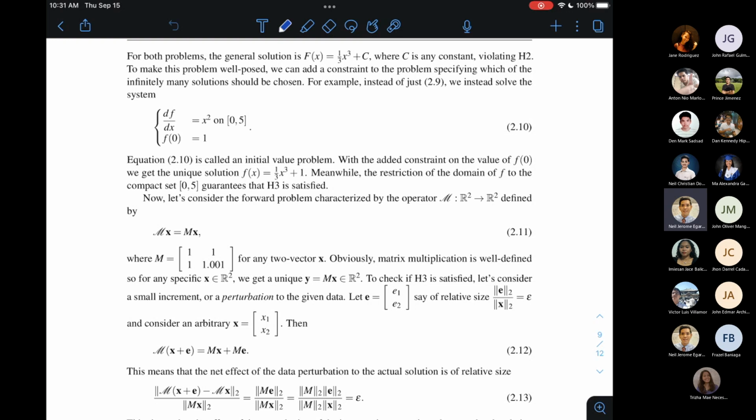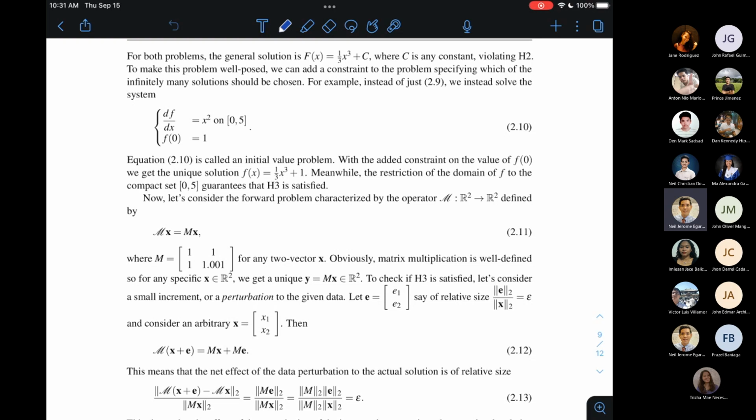Hindi natin kayang i-predict kung ano yung kailangang input para makuha yung isang appropriate or desired output if we don't have an understanding of how the process is being carried out or how the phenomenon behaves, right? So kaya kailangan talaga maintindihan muna natin yung phenomenon itself, right?